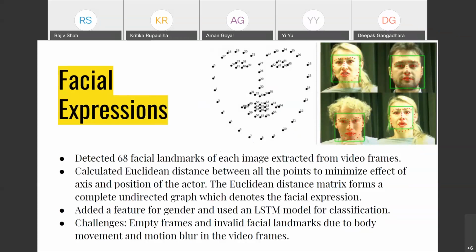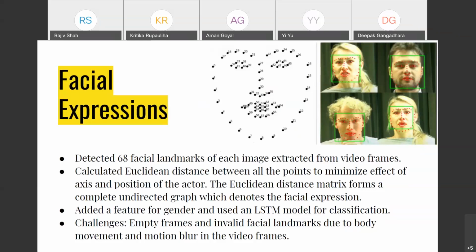So what we did is we calculated the Euclidean distance between all these facial landmarks to minimize the effect of axis and position of the actors. So in the end, we got this undirected graph, which was denoting the facial expression.